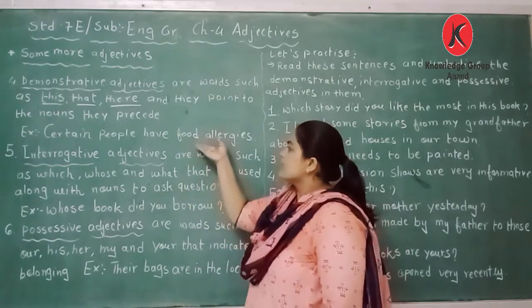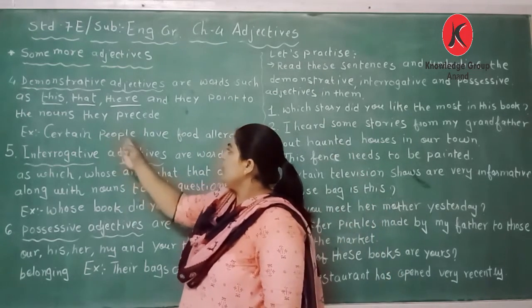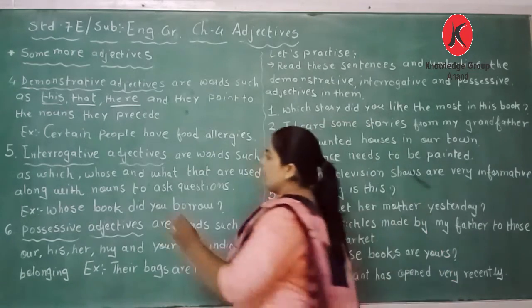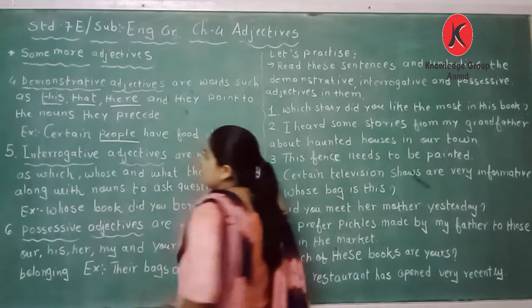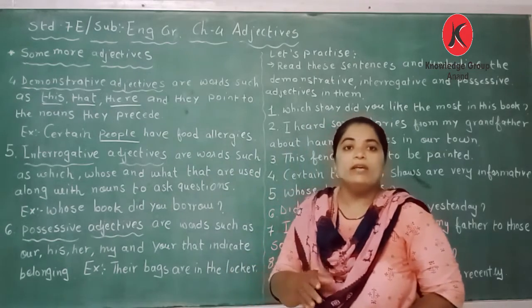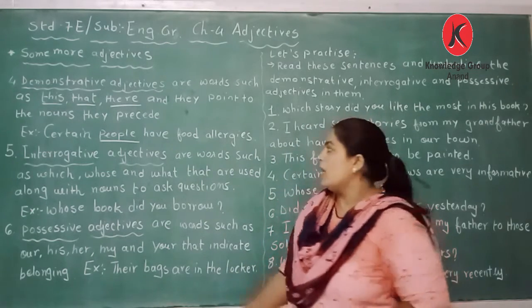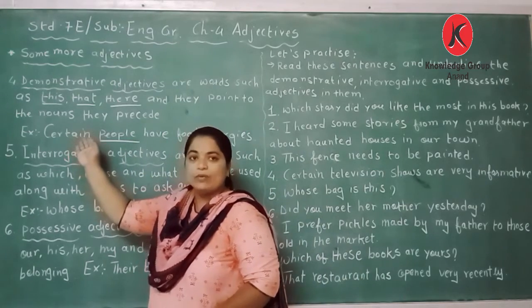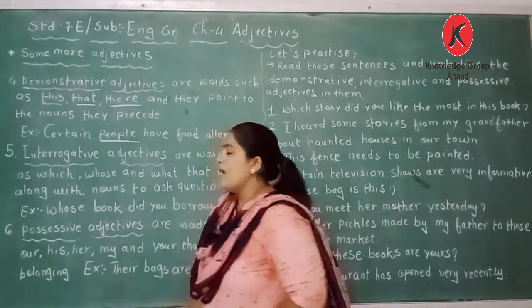So, here there is an example. Certain people have food allergies. Here, people is a noun. Okay? People is a common noun. And what is preceded? It is preceded by an adjective. Which adjective? Demonstrative adjective.